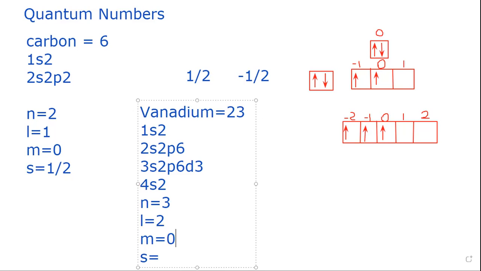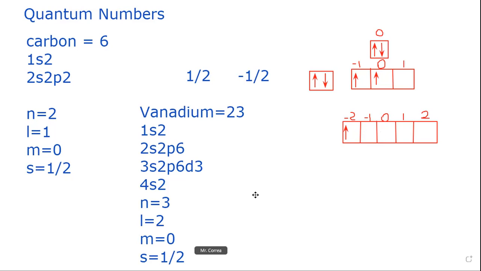And then the s is the easiest one. All you have to say is if it's positive or negative. In this case, it's positive. So all I have to do is put 1/2. It's not positive because it's a positive number that you have here. It's positive because the arrow is pointing up. So in some cases, you'll have something like this: this electron is pointing up here. m would be -2, for example, in the case of scandium.